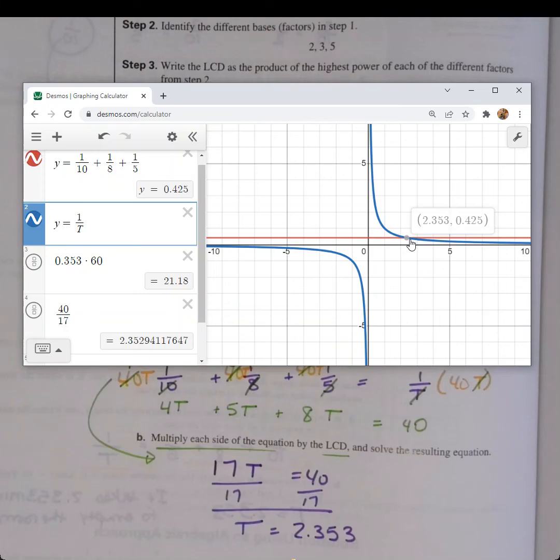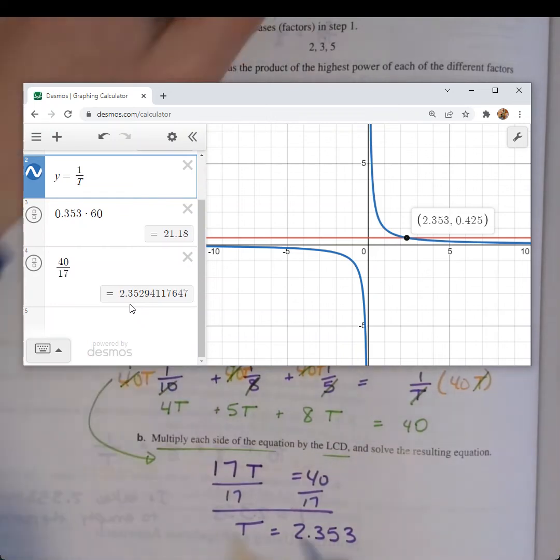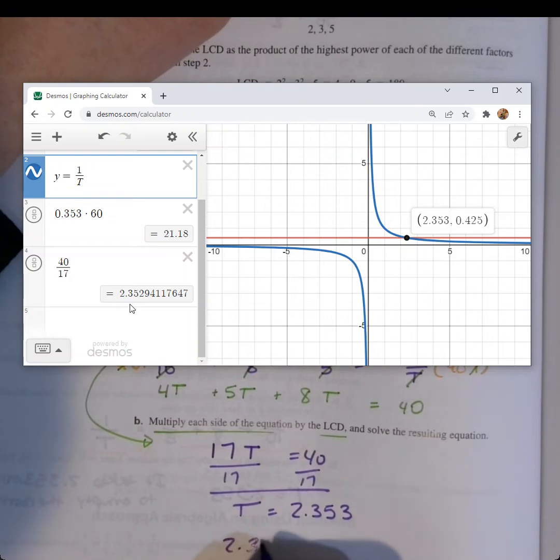Our graph gave us the answer 2.353, and algebraically we get 2.353 if we're going to round it to 3 places. So it takes 2.353 minutes to empty.